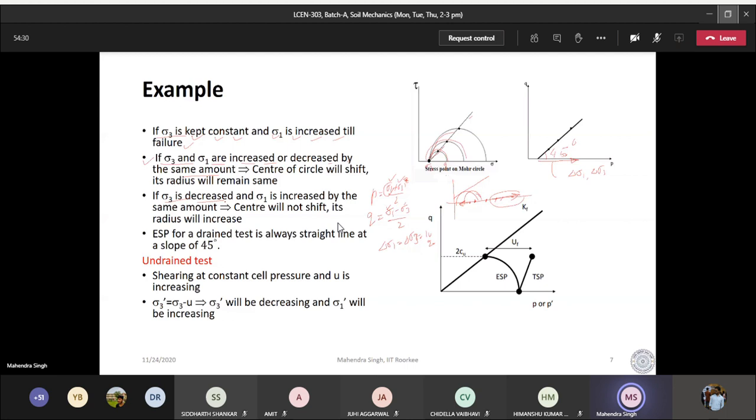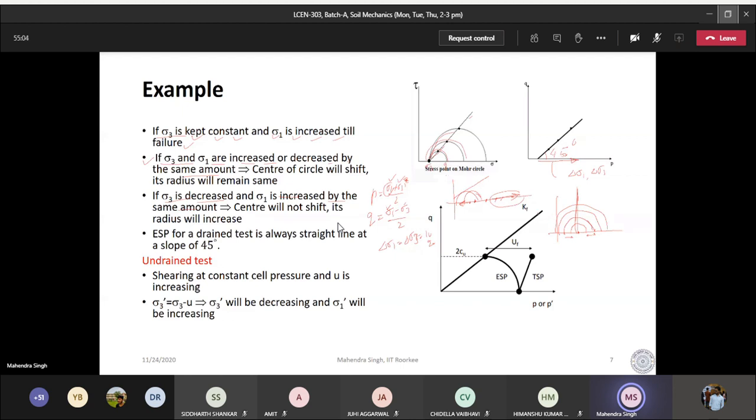Sigma 3 is decreased and sigma 1 is increased by the same amount. So let me draw the circle first. So this is one circle. And then what I have done is sigma 1 I have increased and sigma 3 I have decreased, and this amount is same. In other words, I am not changing the center. So center remains the same. So this is the third circle, fourth circle, and stress path will be this.